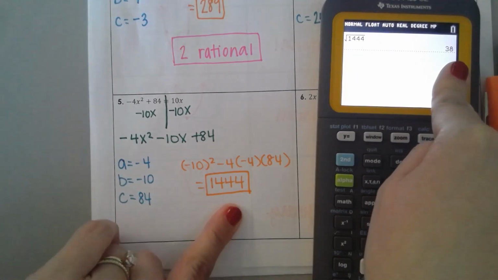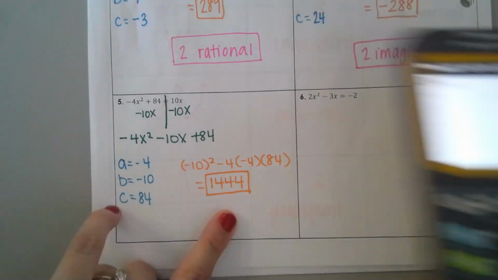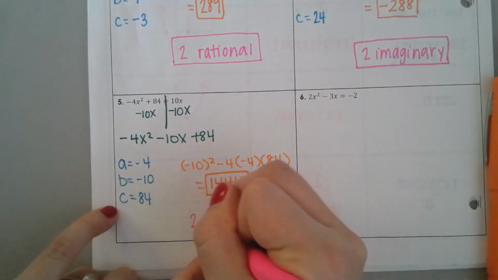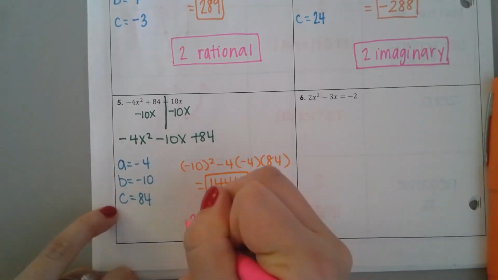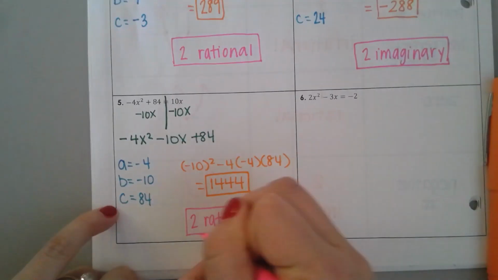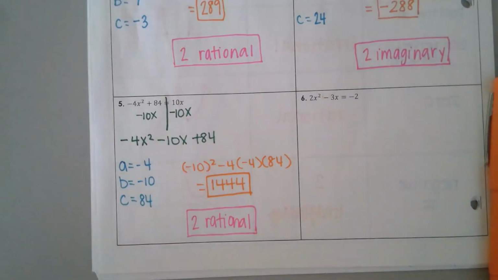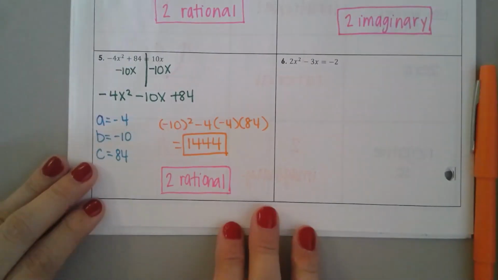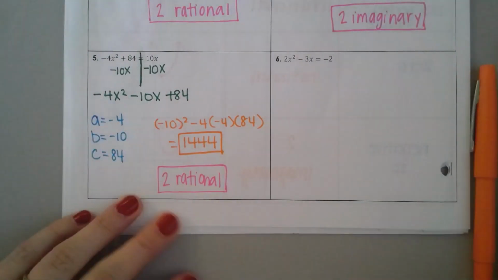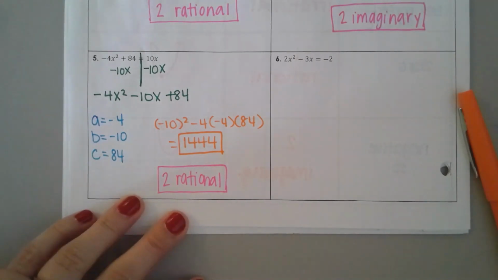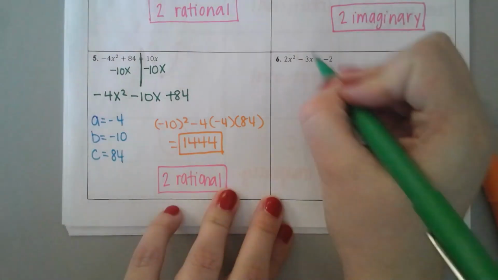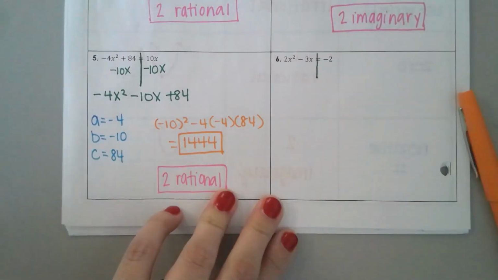The positive perfect square, which means it's 2 rational. Any questions? Okay.